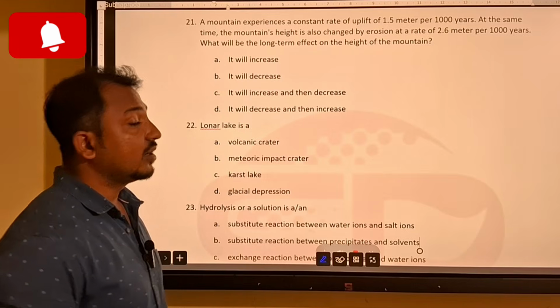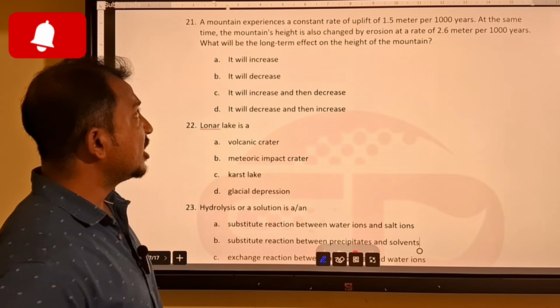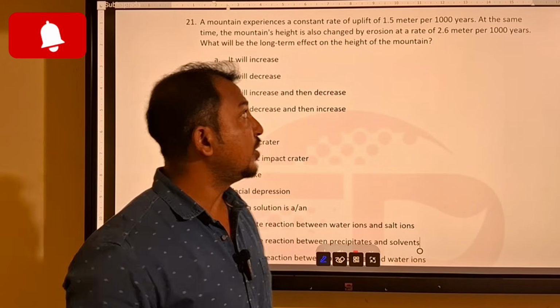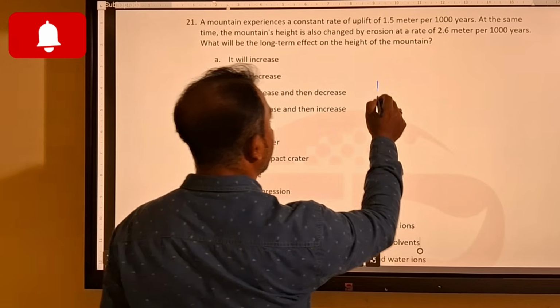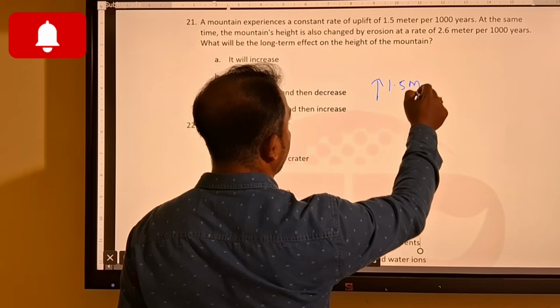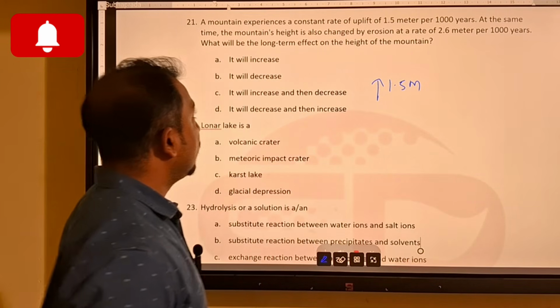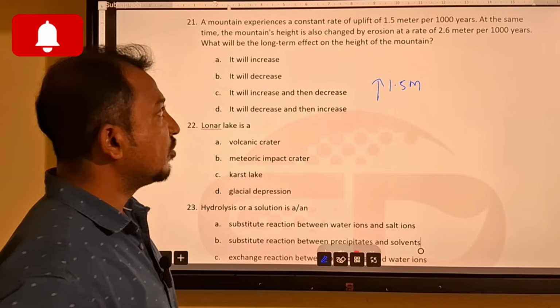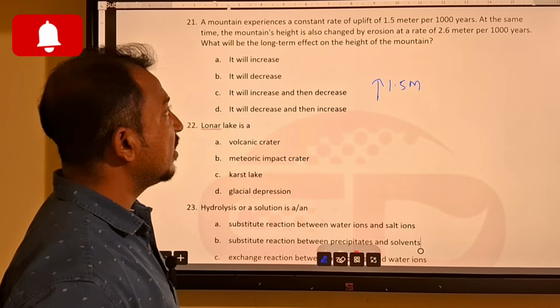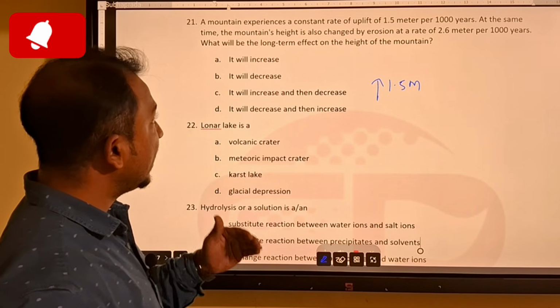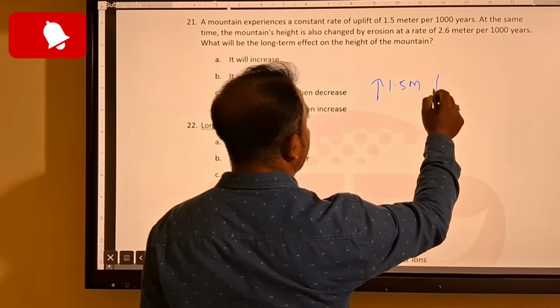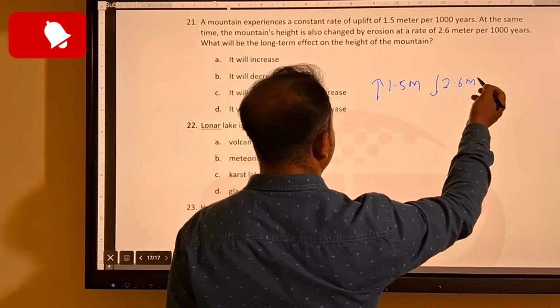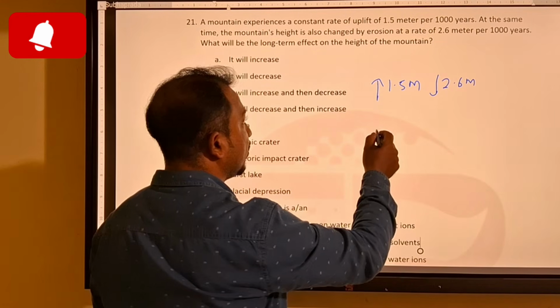Then comes another question. A mountain experiences a constant rate of uplift of 1.5 meter per year. So upliftment is 1.5 meters. At the same time, the mountain is also changed by erosion at a rate of 2.6 meter per 1000 year. Height also decreases at a rate of 2.6 meter per 1000 year, and increases 1.5.